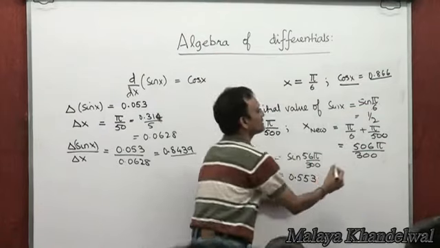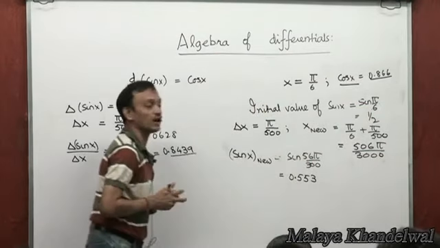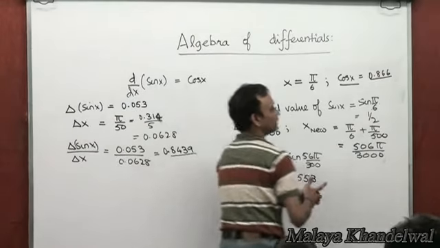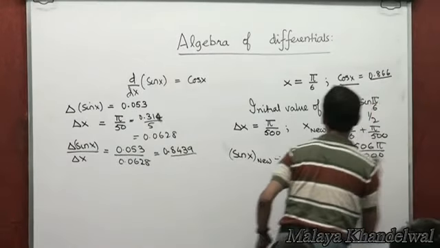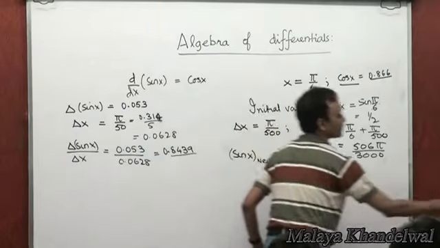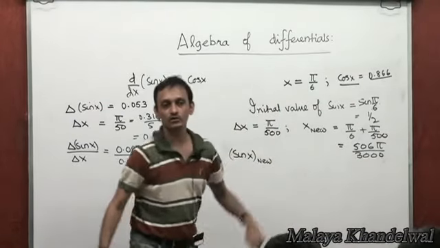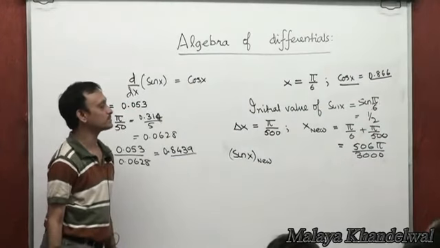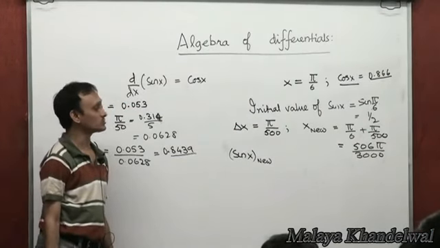That's the new value of x, right? Can you just tell me the value of sin x for this value of x? Sine of 506 pi by 3000.